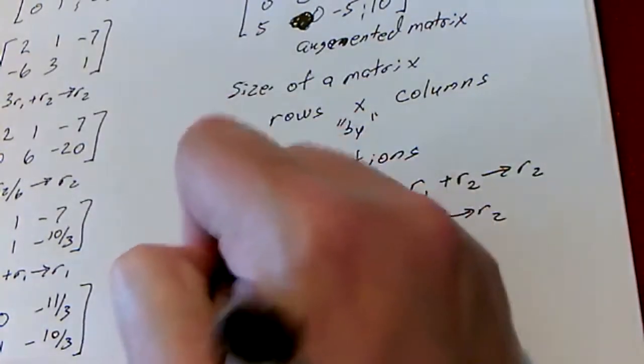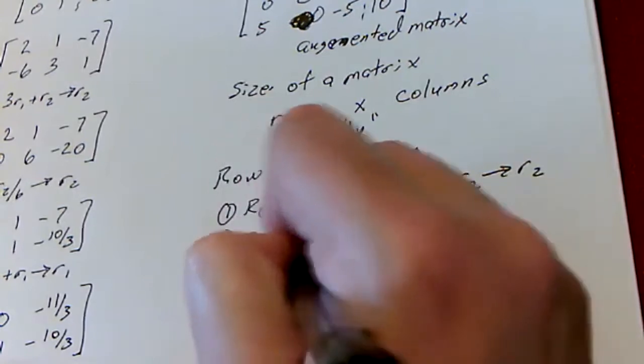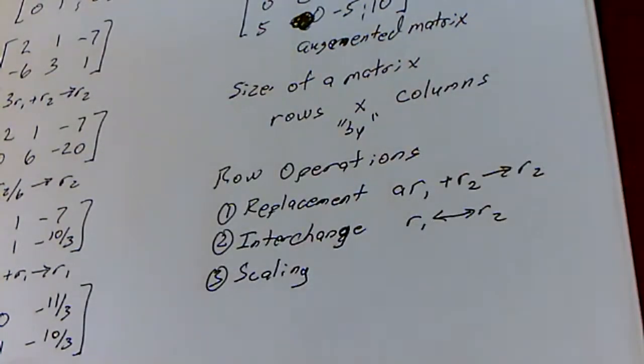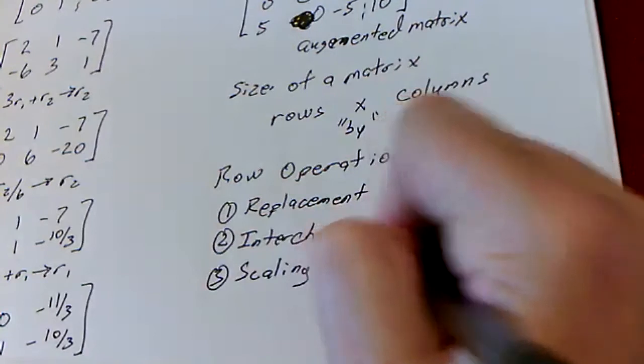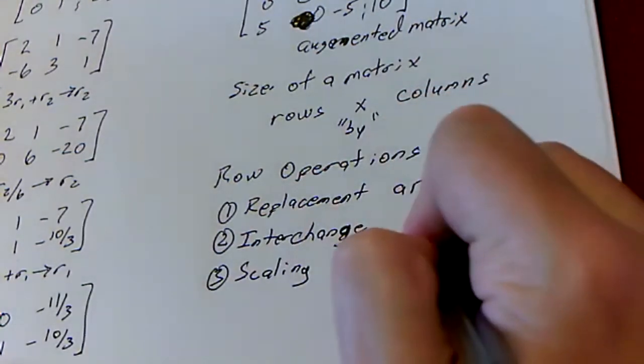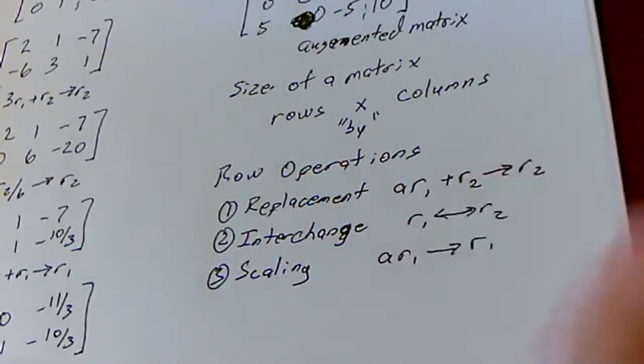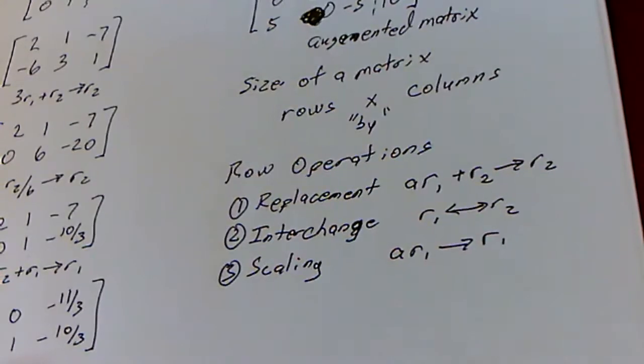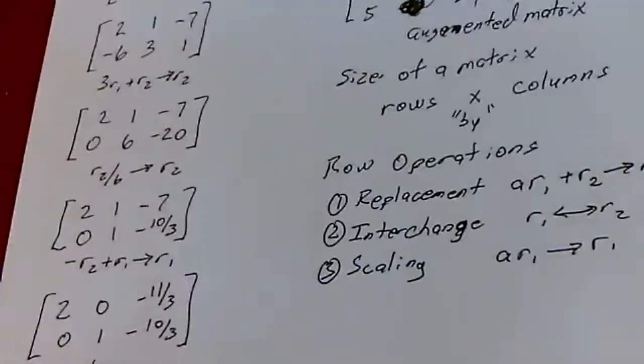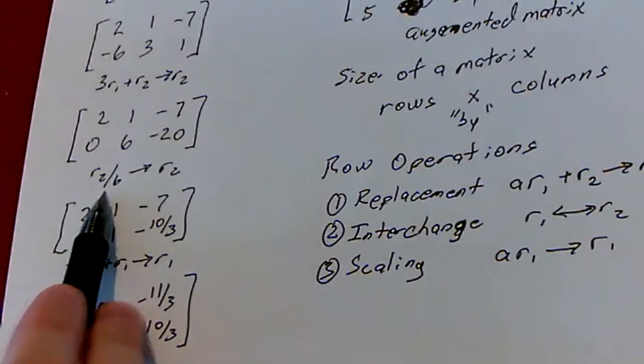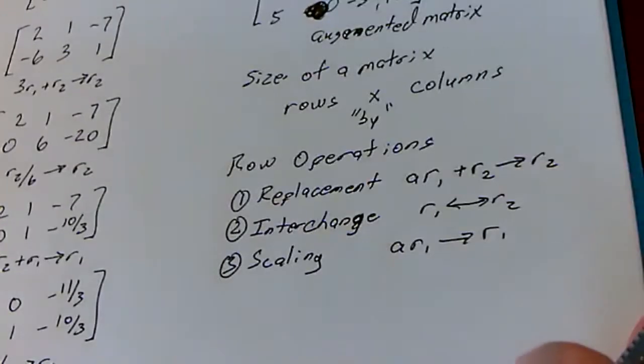We did not do any examples of interchange just yet, but the third one, which we did do some examples of, is scaling. That's where I take a value and multiply or divide a row by it, and replace that row. So when I divided by 2 or divided by 6 in the second system, that was a scaling operation. Those are our 3 row operations.